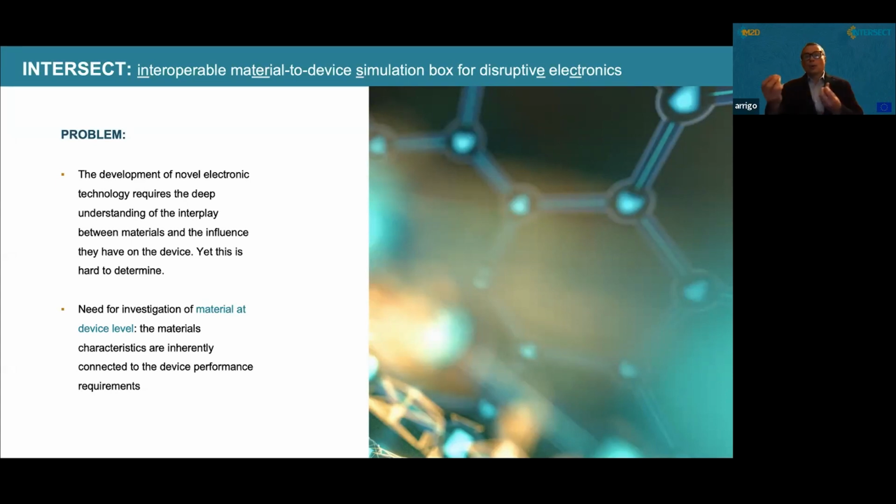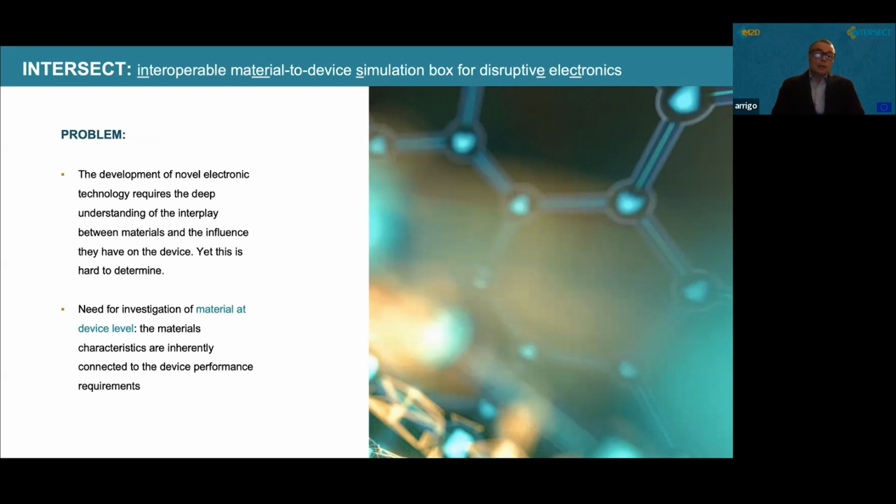Even though it's quite intuitive that there is a correlation between the quality or the characteristics of the device and the final performance or the efficiency of the device, finding a relationship between the material and the device is quite a hard task.